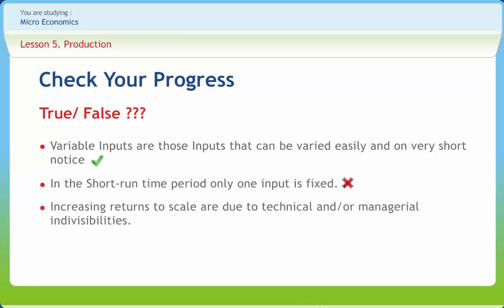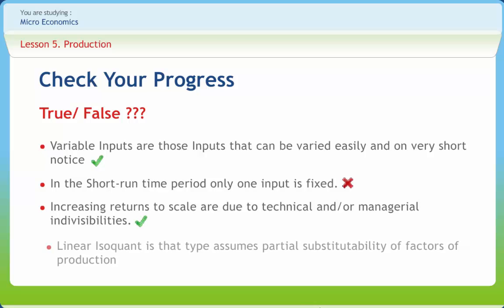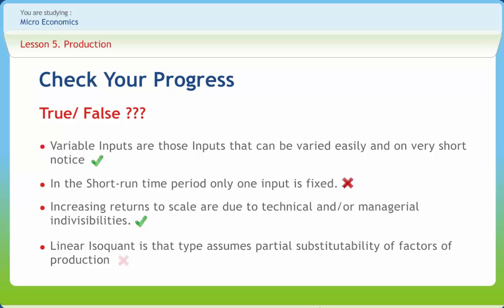Increasing returns to scale are due to technical and/or managerial indivisibilities. Right or wrong? Right. Linear isoquant is that type that assumes partial substitutability of factors of production. Right or wrong? Wrong.